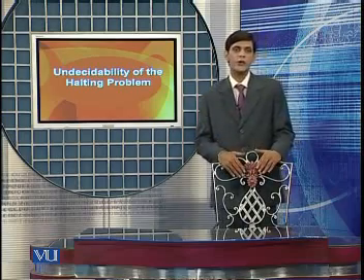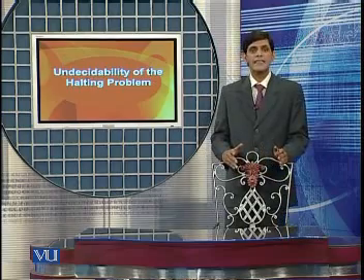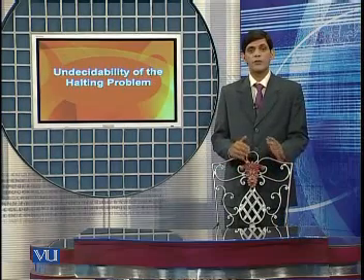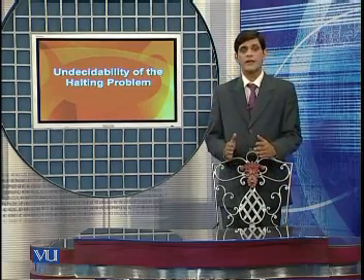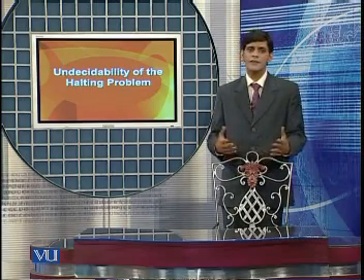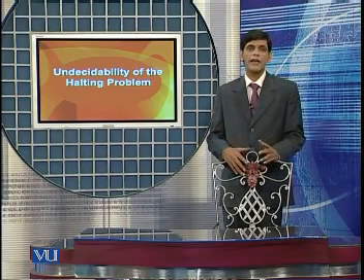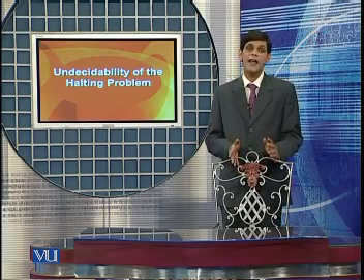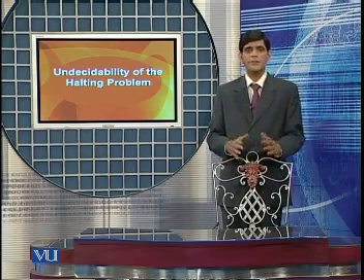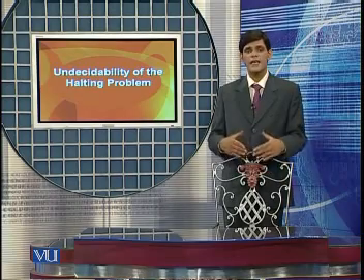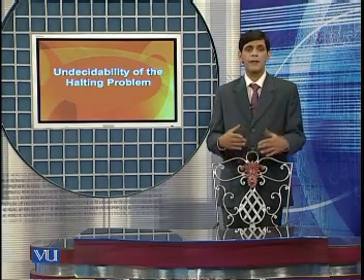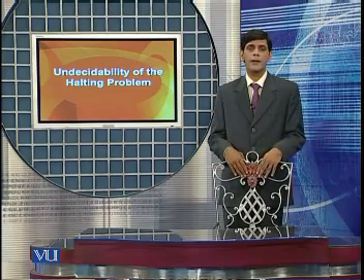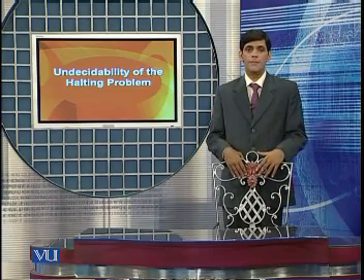Well, I told you that we will be using the technique of diagonalization in order to prove that the halting problem is undecidable. However, this proof, well, it's not very clear that we're using any kind of diagonalization or that it is similar in some sense to the proofs that we did in the earlier lecture. For example, we proved that the set of all real numbers was uncountable.